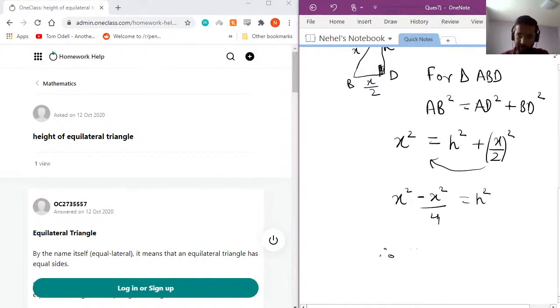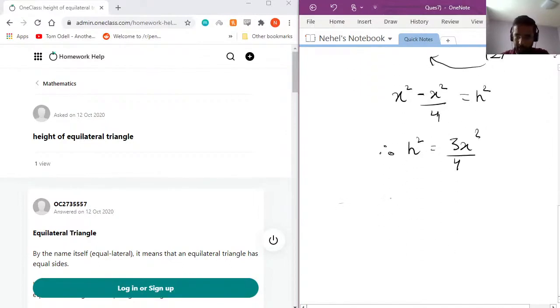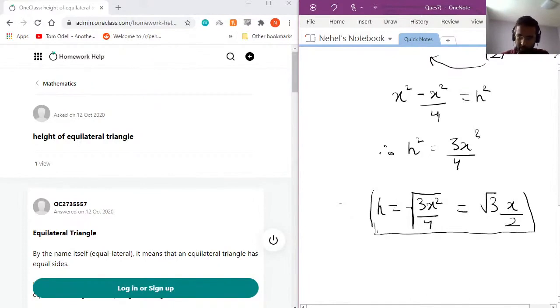Therefore, if we simplify this, we will get H squared equal to 3x squared over 4, or if we take the square root of both sides, we would get our final answer: h is equal to the square root of this entire expression. We know that x squared is already a perfect square, and 4 is a perfect square of 2. So we can further simplify it by saying this is equal to root 3 x over 2, which is the formula for the height of an equilateral triangle.